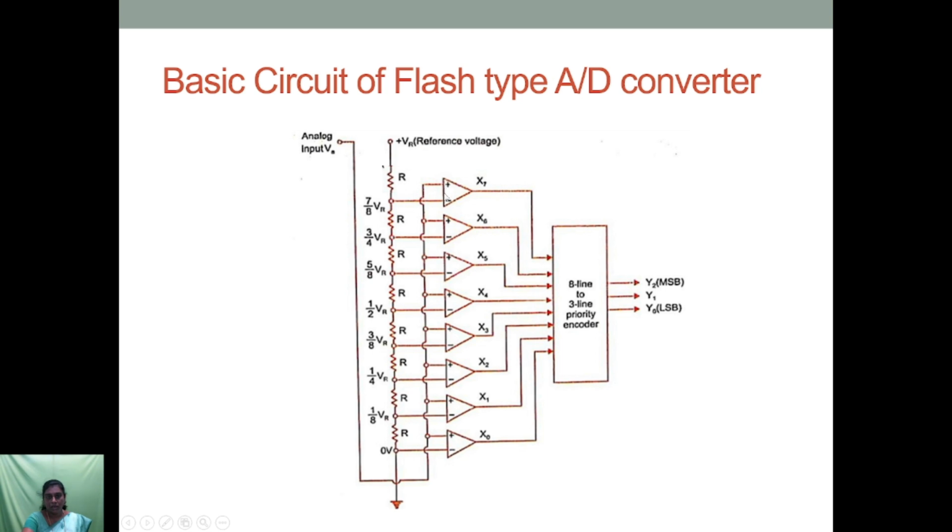Here you can see all the positive terminals of the op-amps are connected to the input analog signal, and the negative terminals are connected to the resistive network with different levels of voltage.